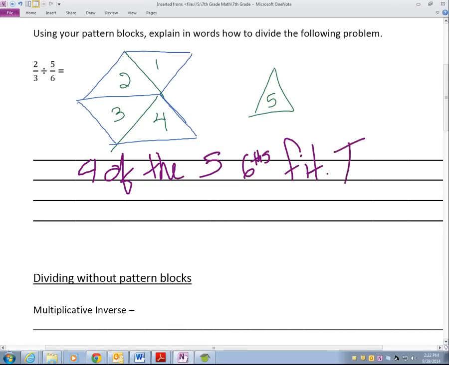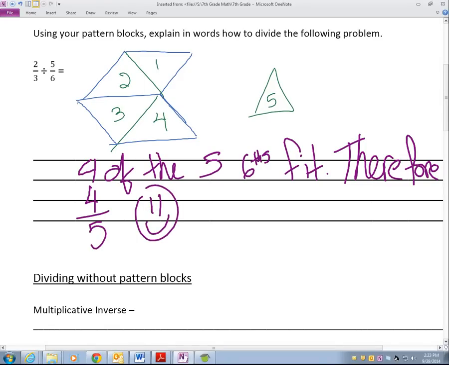Therefore, four fifths is the answer. Four-fifths. You don't need to put the smiley face. I just felt like writing it. 1, 2, 3, 4. And this one's just chilling. He's so sad.